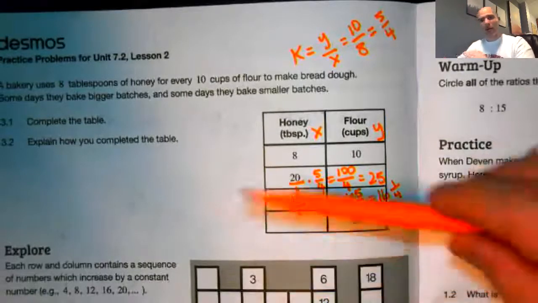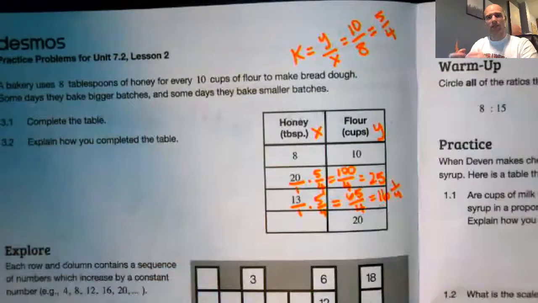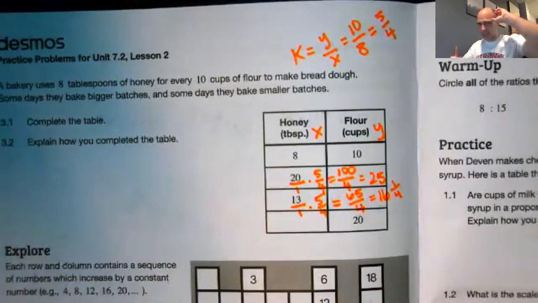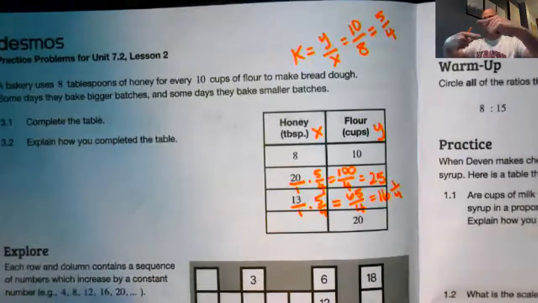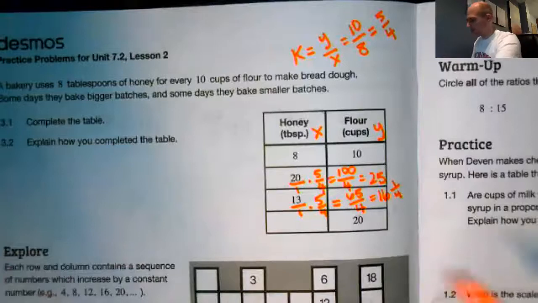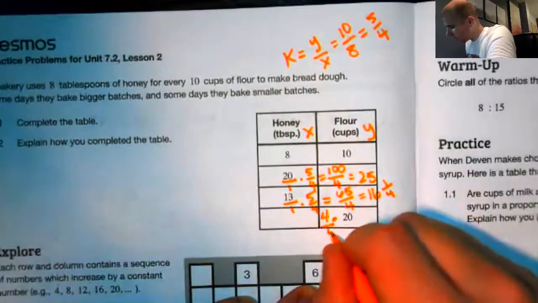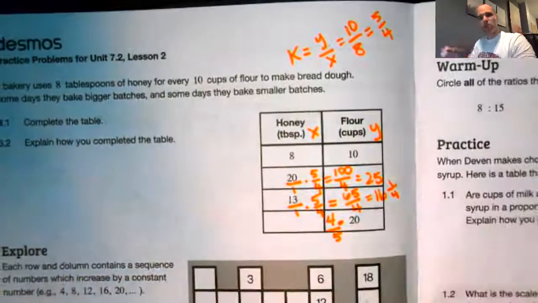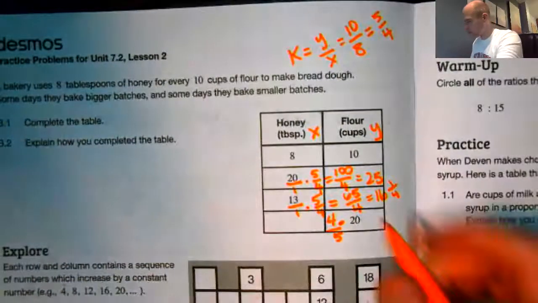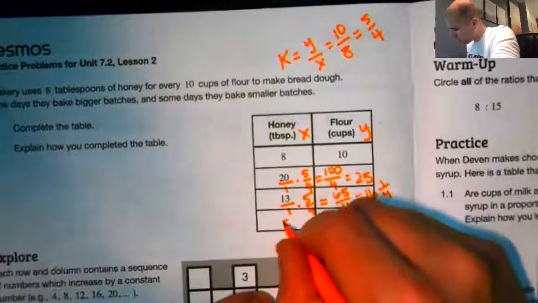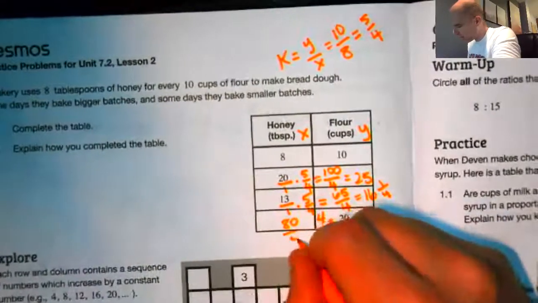All right, and then the last one. So I need to go from y to x this time. So I have two choices. I can divide by 5/4, or I can think of it as like a keep, change, flip mentally and just go, okay, I'm going to multiply by that reciprocal, that 4/5. I'm going to do it that way. So I'm going to multiply 20 by 4/5. 20 times 4 on top is 80. 1 times 5 on bottom is 5.